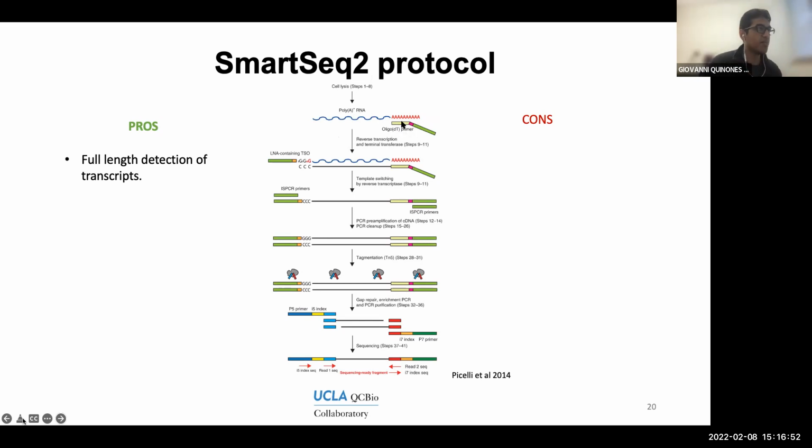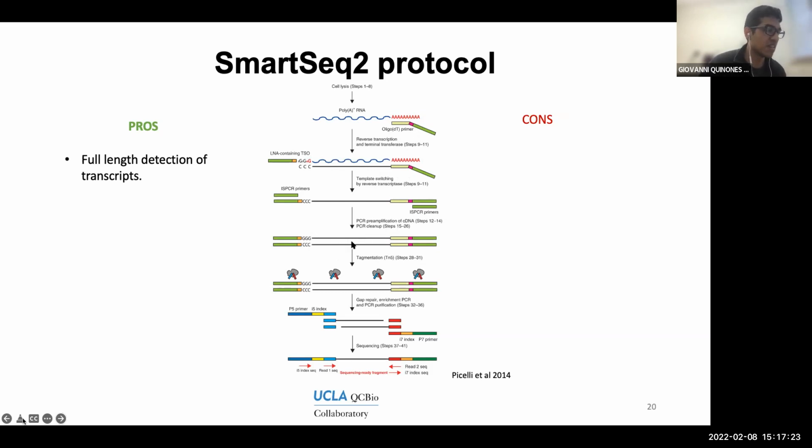A and T base pair together, so you have your primer annealing to this part. Once you have your primer, using a polymerase, you can copy the entire length of the RNA. This polymerase will add some non-template Cs at the end, which will allow for the synthesis of the other strand.